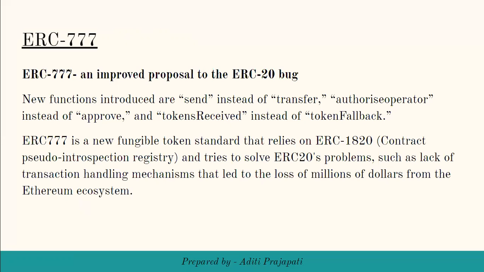ERC777 is a new fungible token standard that relies on ERC1820. How it relies on ERC1820, we will see later, but right now please pay attention that ERC777 takes advantage of the ERC1820 standard, and it tries to solve ERC20's problem, such as the lack of a transaction handling mechanism that led to the loss of billions of dollars from the Ethereum ecosystem.